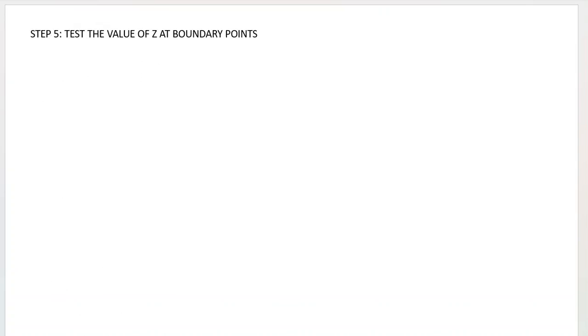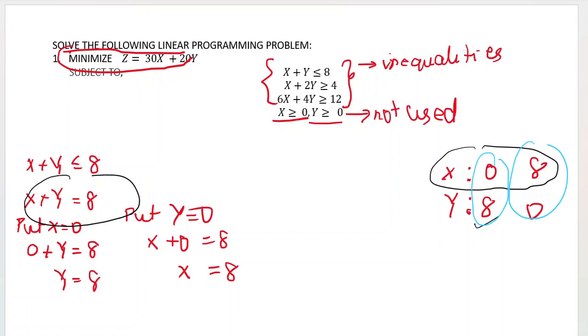In the last step, we have to test the value of z at the boundary points. Now, first thing you have to recollect is the one equation that you have not used from the question. If you observe in the question, minimize z equal to 30x plus 20y was never used throughout the problem solving. So now the role of this comes into the picture.